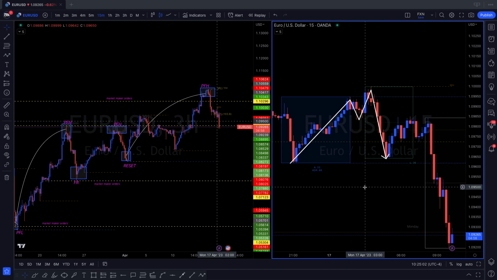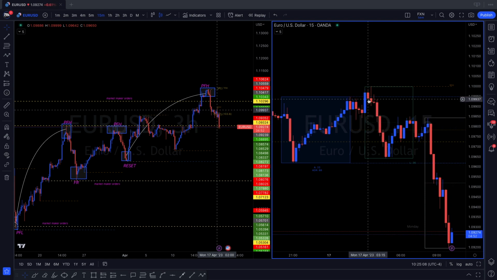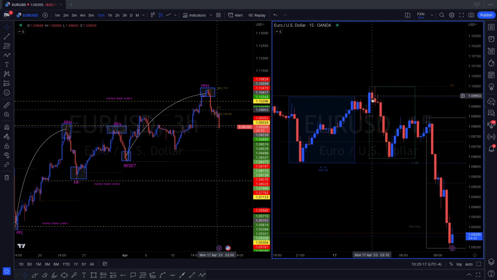That's your pattern itself. Now, the entry for this specific pattern is going to happen after we break previous structure. What I mean by that is, if we take a look at the structure of the M pattern here for a trade out of the edge, we have this red candle.